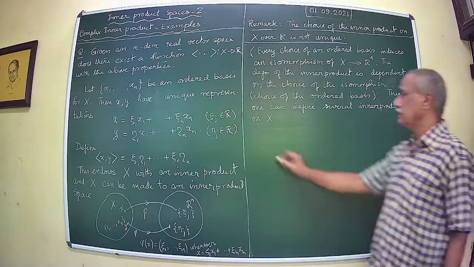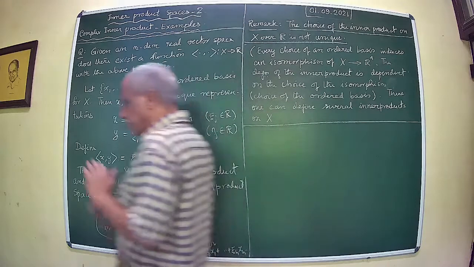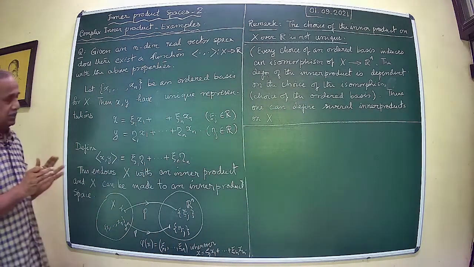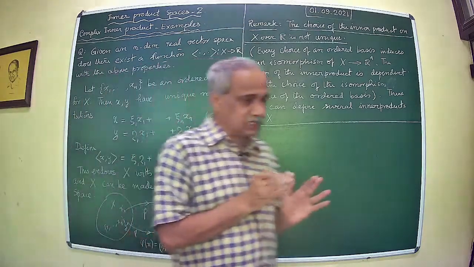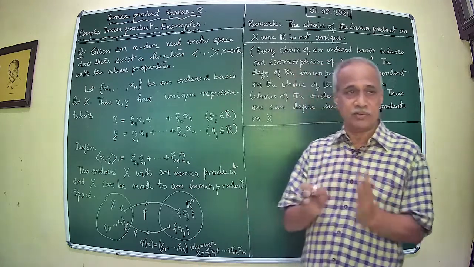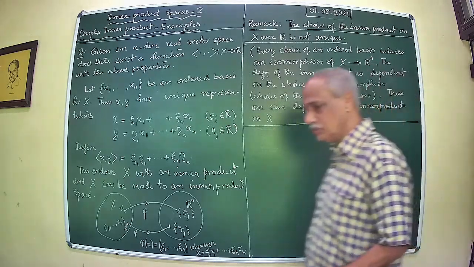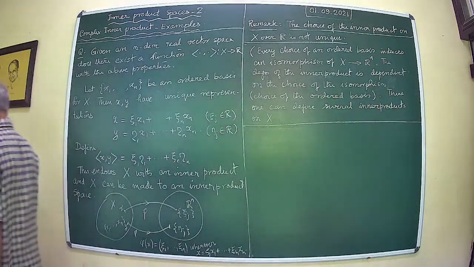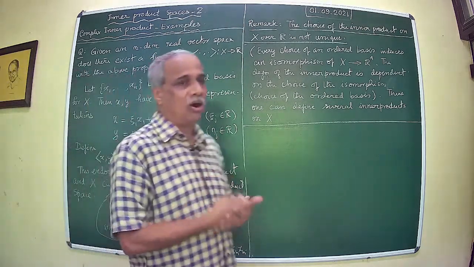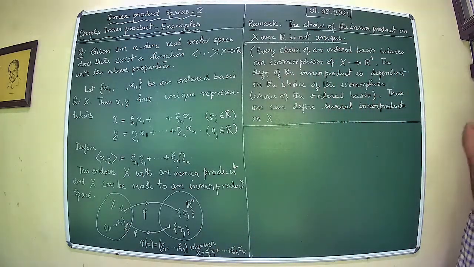Okay, so that we have seen. Therefore, there are several ways in which a finite dimensional linear space can be endowed with an inner product. Okay, so accordingly, the geometry also would change. Okay, so this is introducing an additional structure on the vector space. Okay.